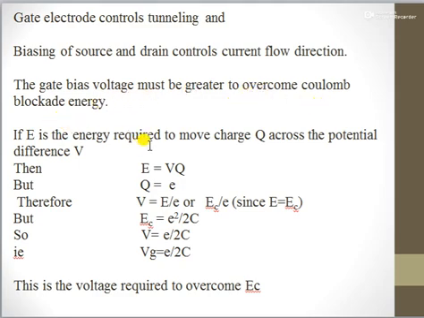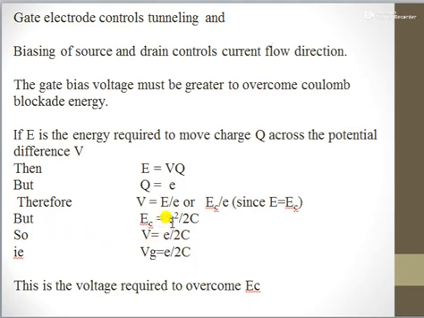If E is the energy required to move charge Q across the potential difference V, then the energy is equal to V times Q, where Q is the charge of the electron, e. Therefore, from this expression we can find V is equal to E by e, or we can write EC by e, where EC is the energy required to add or delete an electron from a quantum dot, which was mentioned already.